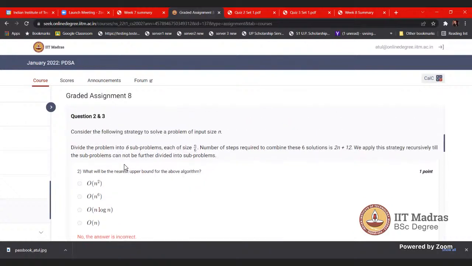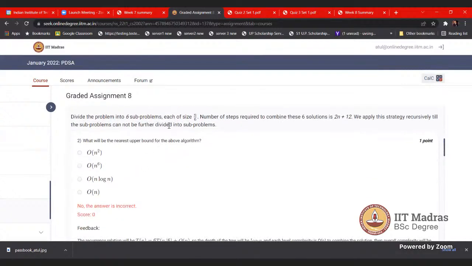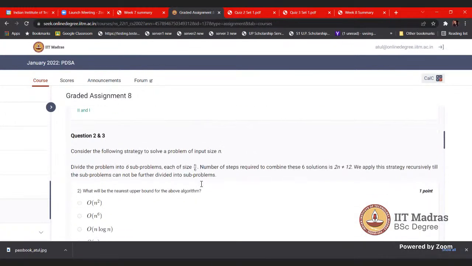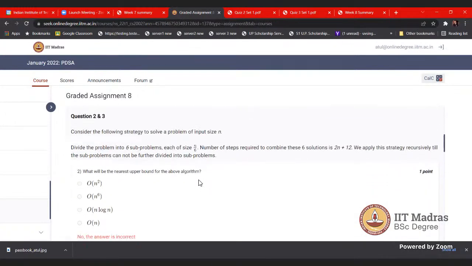So here it is also the same thing. If we are dividing the problem into a fixed number of subproblems each time, the complexity will always remain log n.